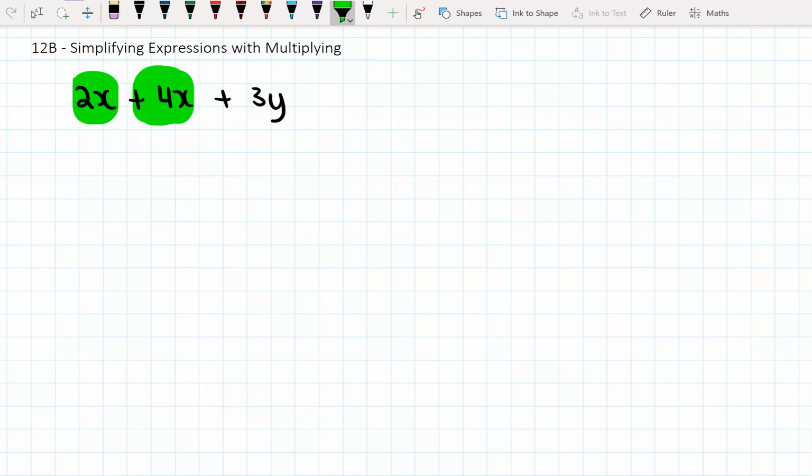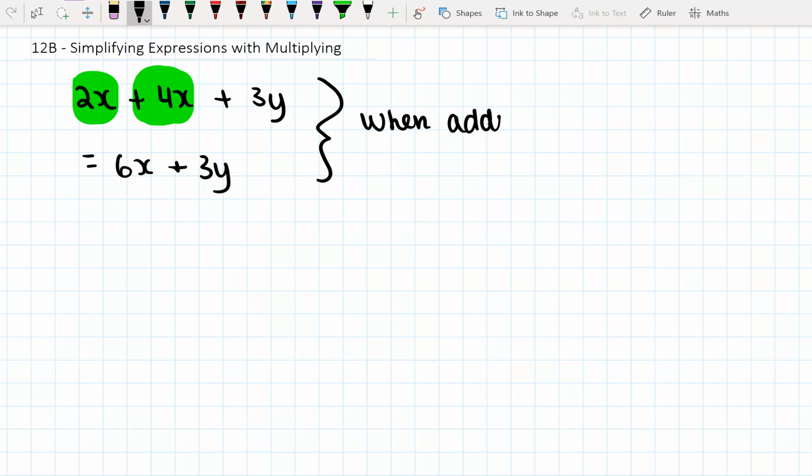So we can put those together, and in this case we now have 6x plus 3y. So this was for like terms with adding. So when adding or subtracting, we must have like terms.